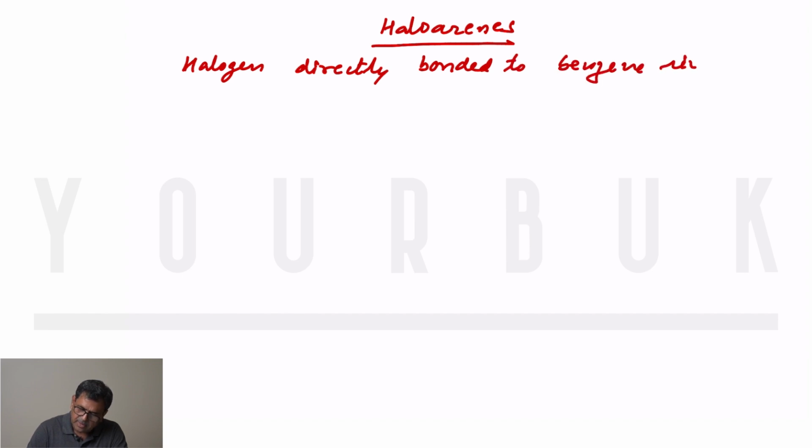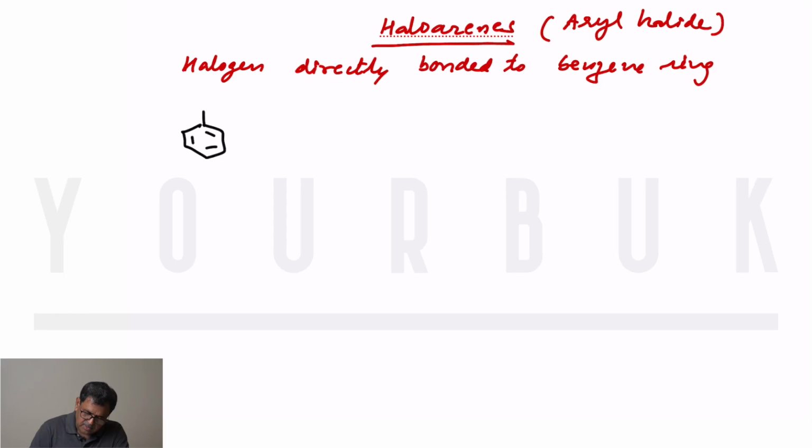These are also called aryl halides. So we use the term aryl halide only when the halogen is directly bonded to benzene. For example, this is called halobenzene. For example, this is chlorobenzene.